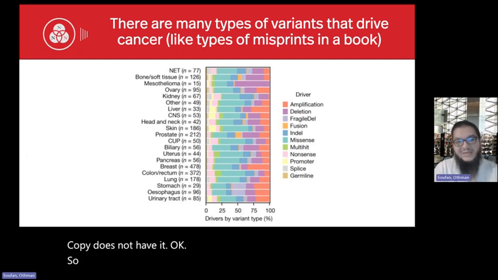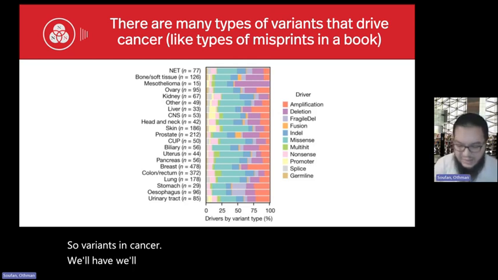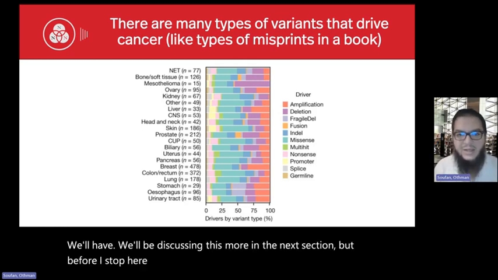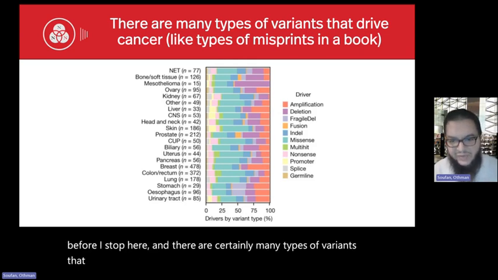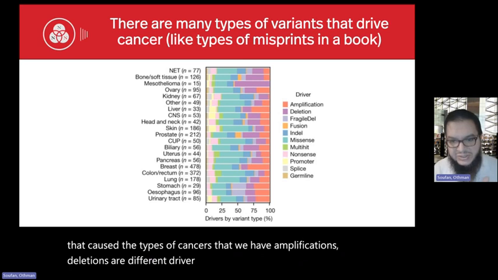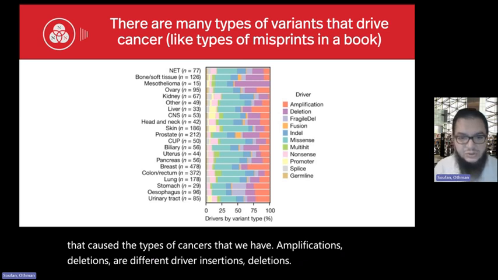So, variants in cancer, we'll be discussing this more in the next section, but before I stop here, there are certainly many types of variants that cause the types of cancers that we have. Amplifications, deletions, a different driver, insertions, deletions, germline, and so on and so forth.